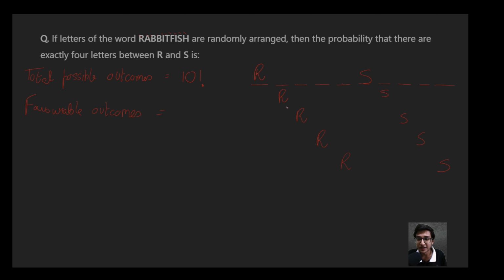Firstly, there are 5 cases in which R and S can be arranged, and R and S can be interchanged among each other as well. So I multiply this by 2. That means in total 10 cases can be formed.